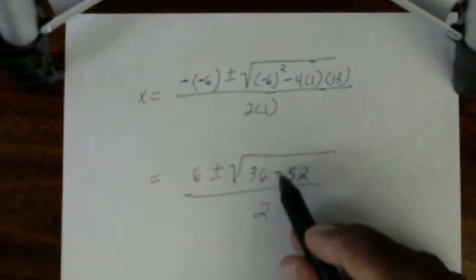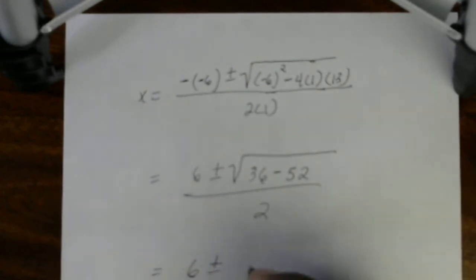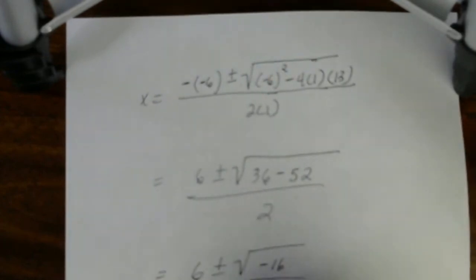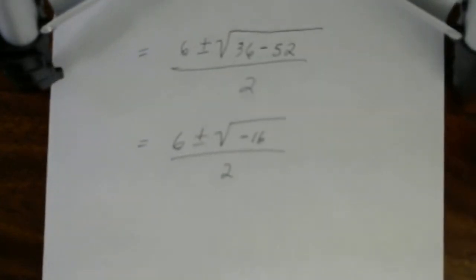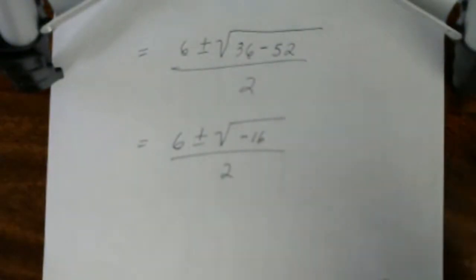Right, so now I can simplify my radical. So this is 6 plus or minus the square root of -16 over 2, because 36 minus 52 is -16.